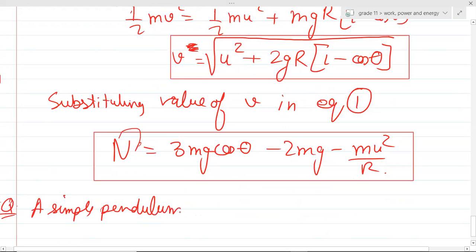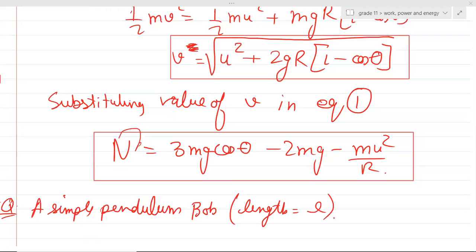And please remember, if you don't even remember the formula, no need. Just see what conditions are given to you, and automatically you'll get the answer. If you can't remember the formula, there's no need to remember it or mug it up.